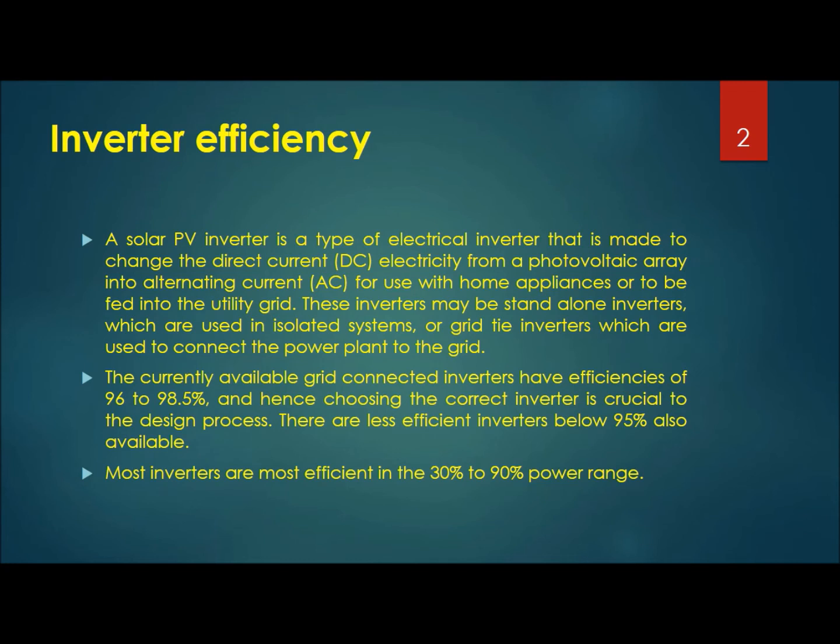There are less efficient inverters below 95% also available. Inverters are also much less efficient when used at the low end of their maximum power, and we know that most inverters are efficient in the 30% to 90% range.